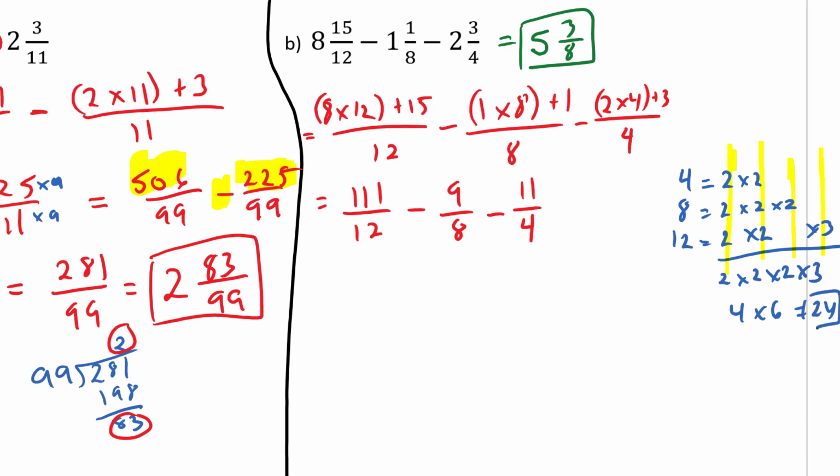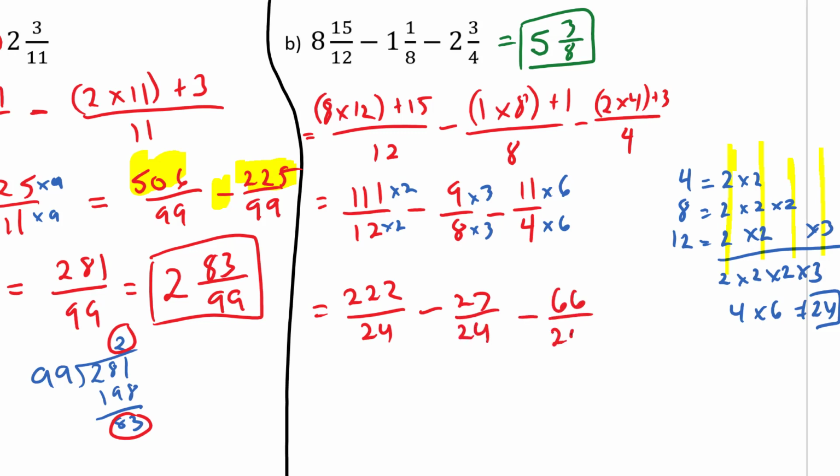So 24 is the lowest common denominator between 12, 8, and 4. Times 2, times 3, times 6. We get 222 over 24 minus 27 over 24 minus 66 over 24.